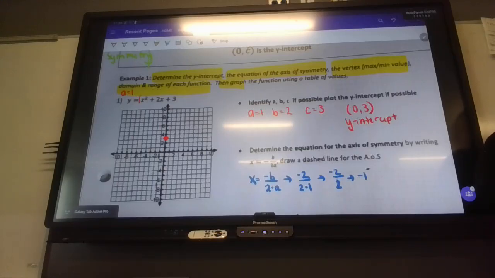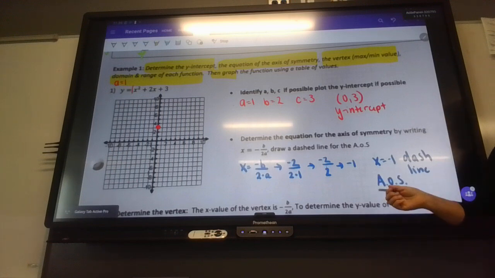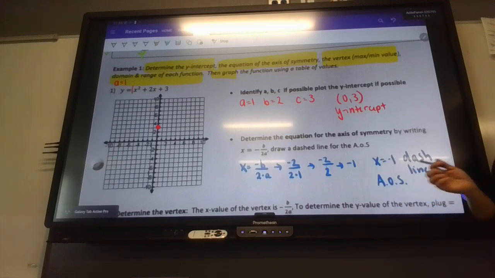This answer is negative 1. So x equals negative 1. We're going to show that for the axis of symmetry, and a lot of times I'll call that AOS. So let's put a dashed line at negative 1.